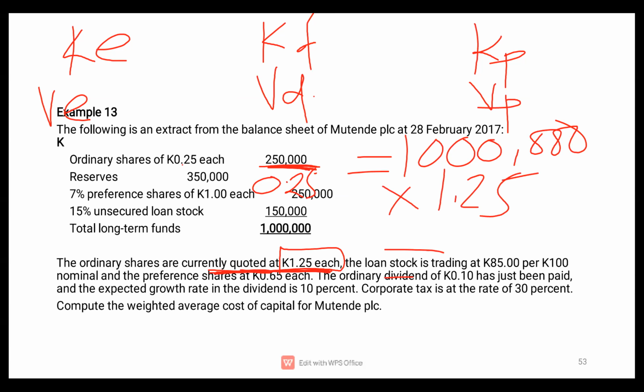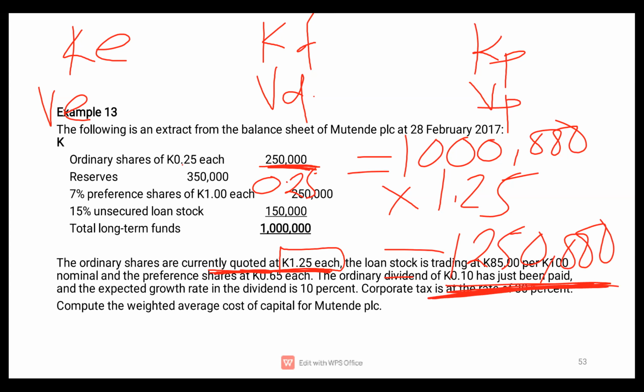So what will be the market value of the shares? 1,250,000. Okay, that is the total market value of the equity.